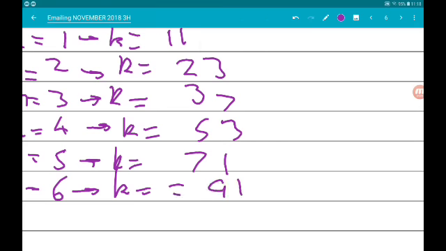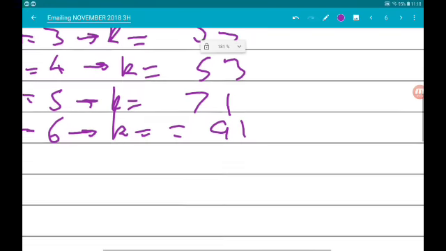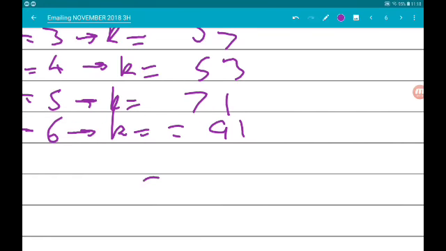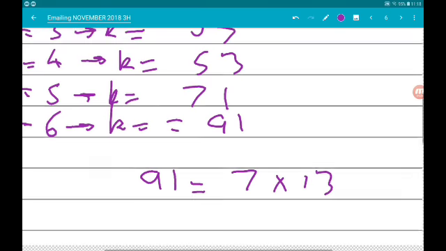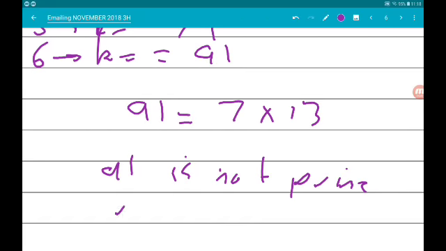Now if you put 91 through your calculator using that trick, you get 91 is 7 times 13, which means 91 is not prime. So Mo is wrong. Cool.